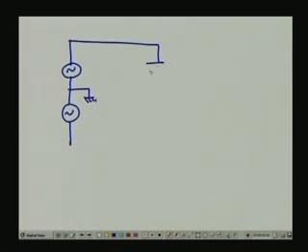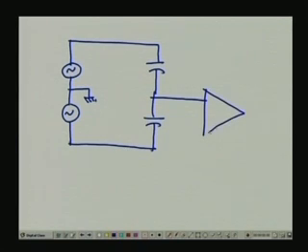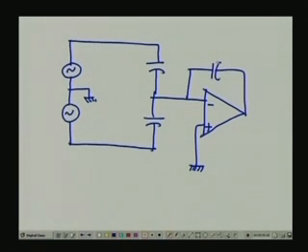The circuit looks like this. I have an arrangement here. This is grounded. Cf, this is C1, this is C2, this is plus V, this is minus V, this is our output E naught, right.